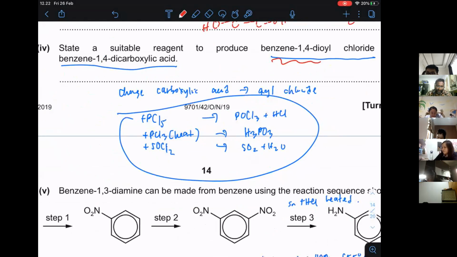If you are using PCl5, you can reach that. If you are using PCl3, or SOCl2, you can have the acyl chloride.